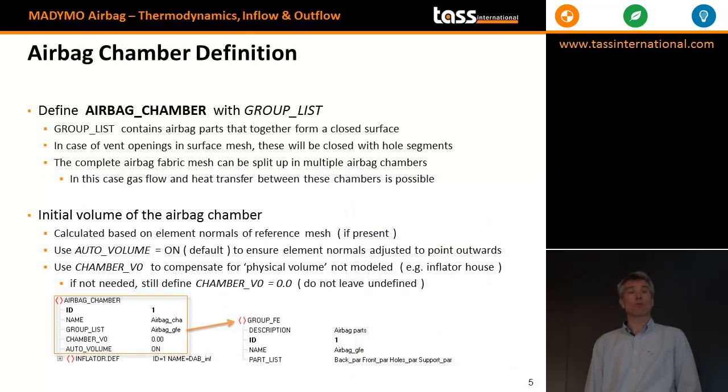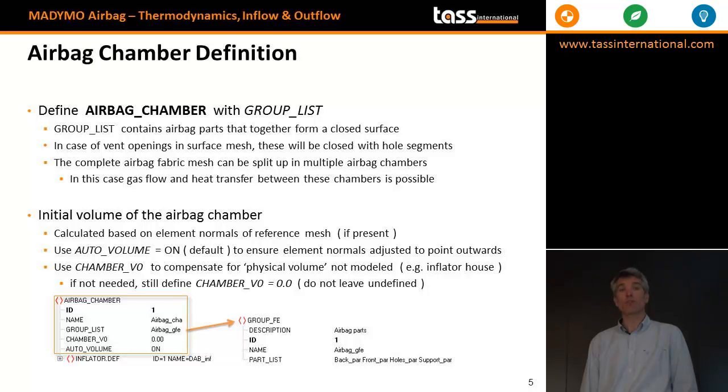Well, now let's go to the next slide. It's about airbag chamber. That is basically where you define the airbag. You have to define a group list that contains all the parts or elements that make together a closed surface. It might be possible that you would like to define holes.